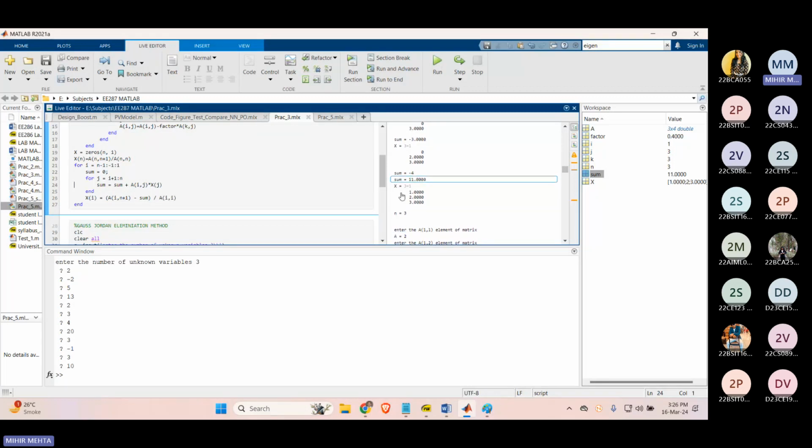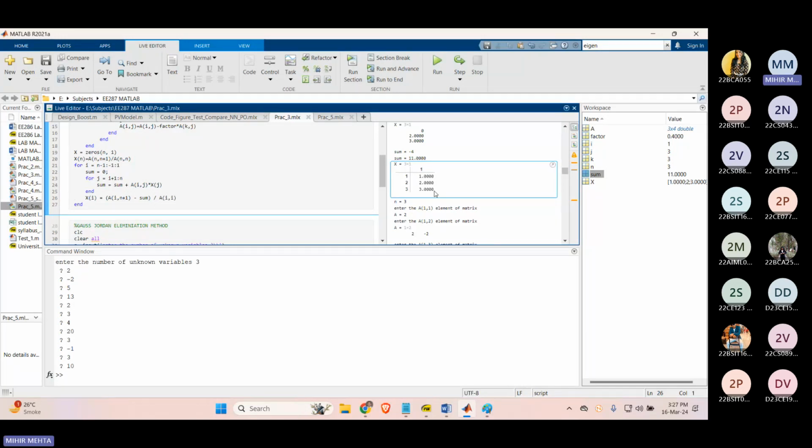So my final matrix x, which I had taken as 0 0 0 as my column matrix, after calculation and substitution of the values, turns out to be 1, 2 and 3 as the values of x1, x2 and x3.